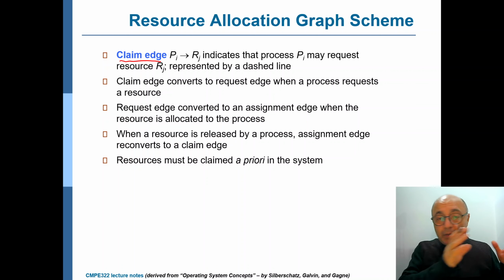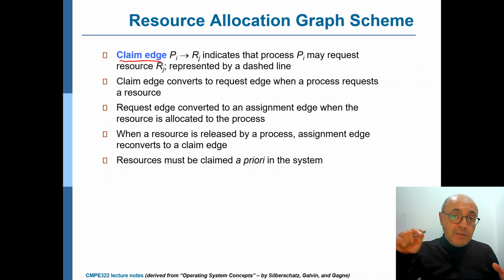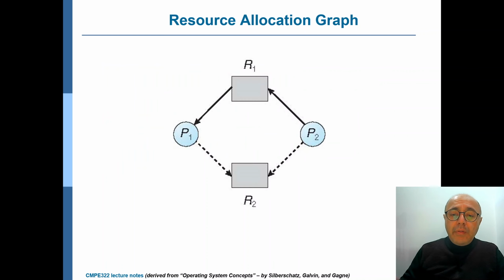Once again, when you compile your program, the compiler knows which resources this program needs to access, so that a priori information is already available to the operating system. And as the process is running, it has already acquired some of these resources, and the resources that have not been acquired yet are the ones that could be claimed in the future. So for those, the operating system will keep a claim edge.